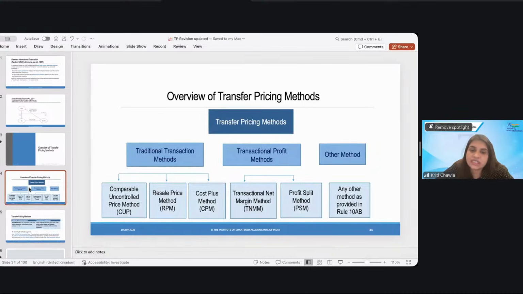Within the traditional transaction methods, there is the comparable uncontrolled price method, which is CUP. Then there is the resale price method, which is RPM, and the cost plus method, which is CPM. Within the transactional profit methods, there is the transactional net margin method, which is TNMM, the profit split method, PSM, and any other method which is provided in Rule 10AB.